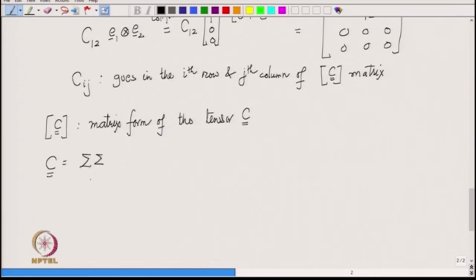So, you could write this same tensor C as double summation over i j of C_ij e_i tensor product e_j, or as double summation over i j of C_ij hat of e_i hat tensor product e_j hat.